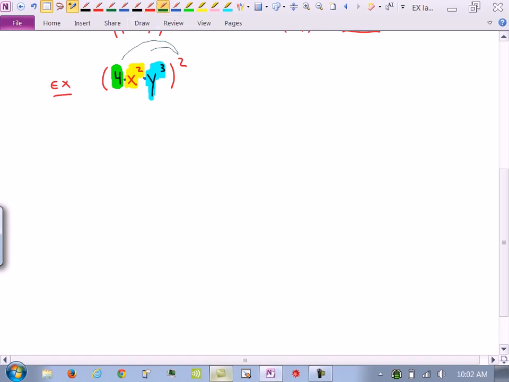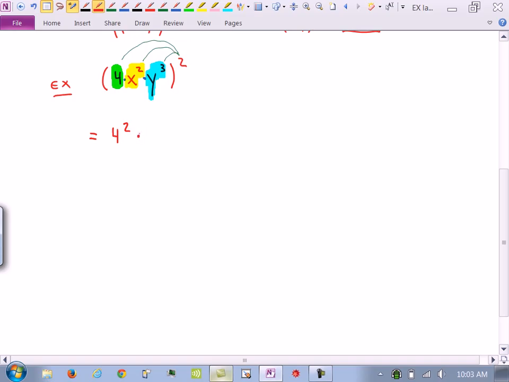I can take that square and put it on each one of those. So my next line, watch what I write. I have the 4, right? That needs to get what? Squared, right? 4 needs to get squared. Now, do I need parentheses around the 4 here? No, because it's not negative, so I don't need to worry about carrying the negative sign or not. So I can just leave it as 4 squared.